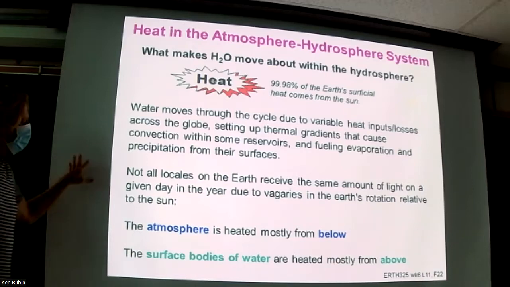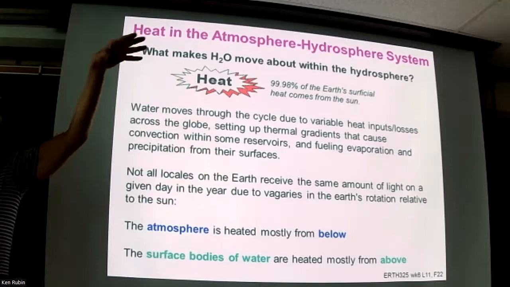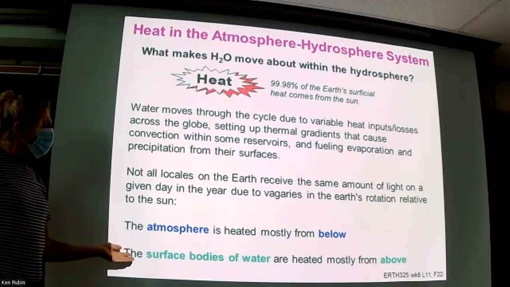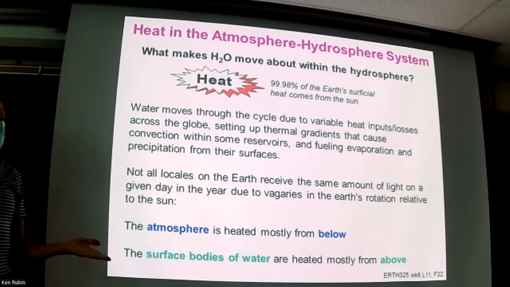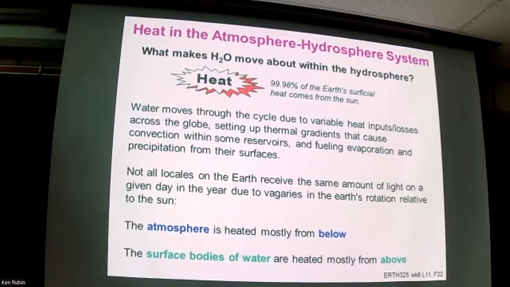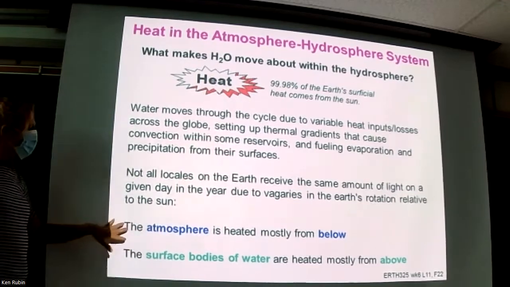Okay. Now, another critical factor about this is that surface bodies of water are heated from above. Everyone knows you go into the ocean, you go swimming, it's generally warmest right up to the surface. And as you go down, it gets cooler. The atmosphere is heated mostly from below, right? This is the lower atmosphere, the troposphere that we live in.